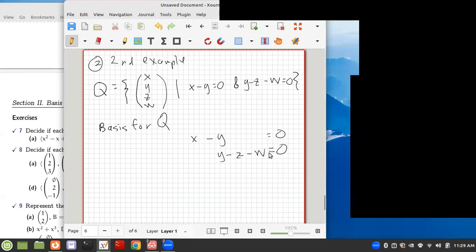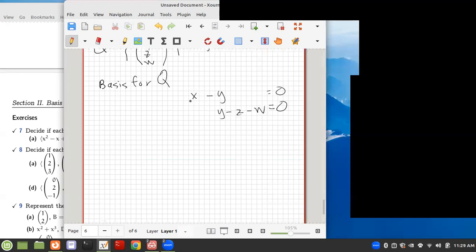And again, I've managed to write something in echelon form so that X and Y are leading and Z and W are free, right?